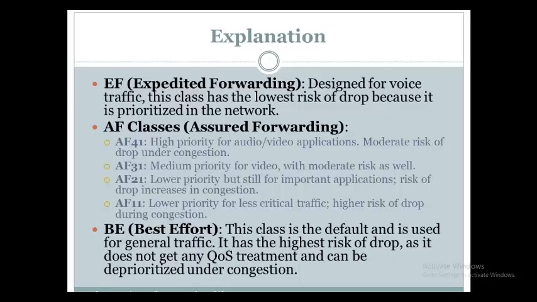AF11 has the lowest compared to AF41. But when you compare this one to this one, this is the highest priority, lowest risk of drop. This has moderate risk of drop. This has the highest risk, which means EF is more highly prioritized than AF.